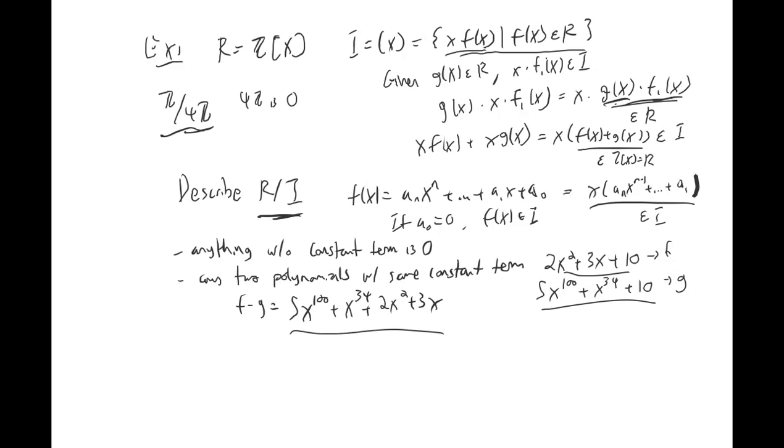If 2x squared plus x is an element in R mod I, I'm saying this is 0 because this element is in I. Just like 4 plus 4Z, you could think of this as the class of 4.